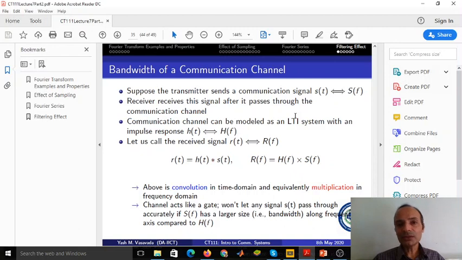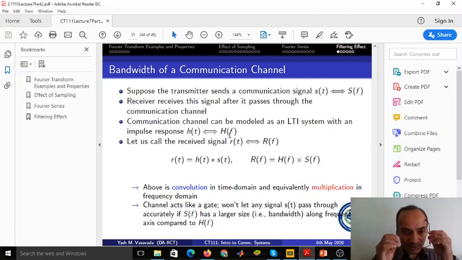If you have a landline phone at home, then the cable itself becomes a communication channel, and that cable will have a certain type of frequency response. In a lot of such cases, the communication channel itself can be modeled as an LTI or LSI system. Correspondingly, we will associate some impulse response and some corresponding frequency response to such a wireless or wireline, in general any, communication system.